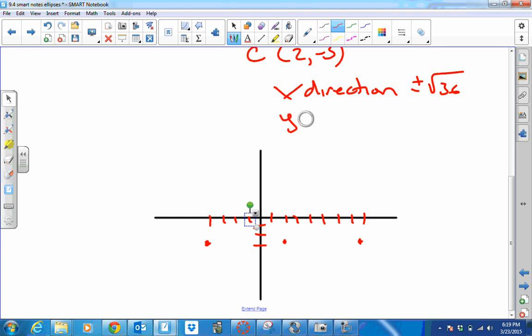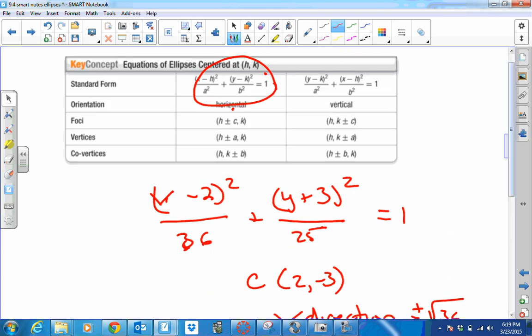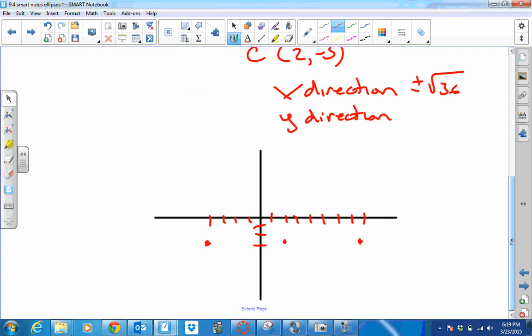In the y direction, I'm going to go the square root of 25. One, two, three, 4, 5, and 1, 2, 3, 4, 5.